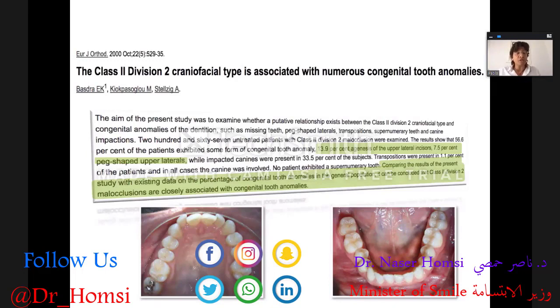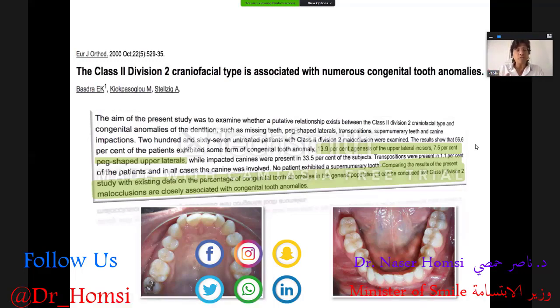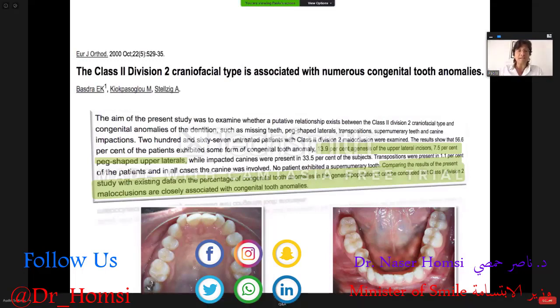So for this reason, it's very important to assess measurements in any patient, in any condition. We can use a digital caliper, we can use a manual caliper. We can measure on the cast, we can measure on the scanning, whenever we want, but it's important to measure. 7.5% of these patients have a dental size problem.